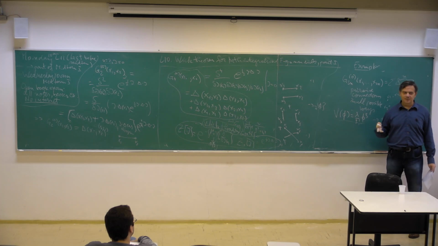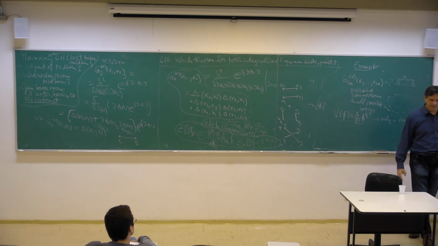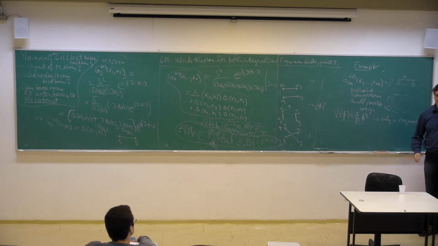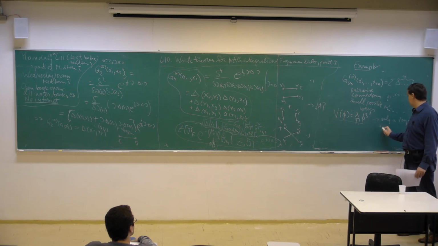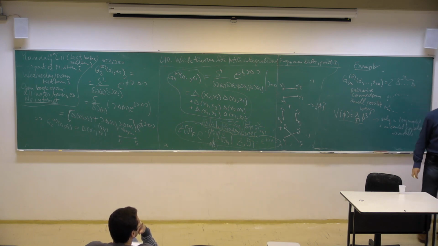Doesn't matter whether lambda is positive or negative. I always have a part either at minus infinity or plus infinity that goes arbitrarily negative, which means the theory is unstable. So this is unbounded from below. So it's unstable. It's not a good quantum theory. But we take it as an example of how to calculate things because it's the easiest.